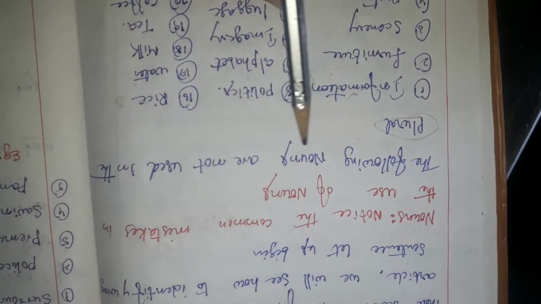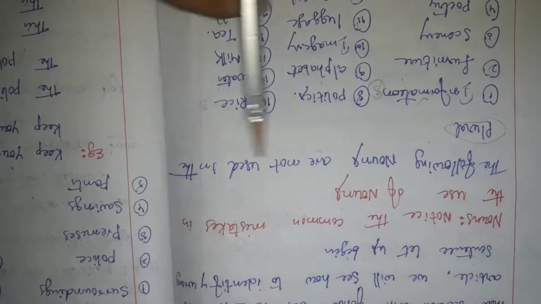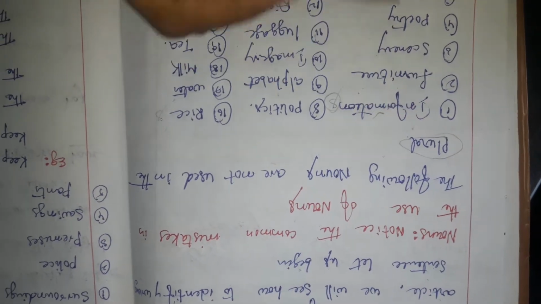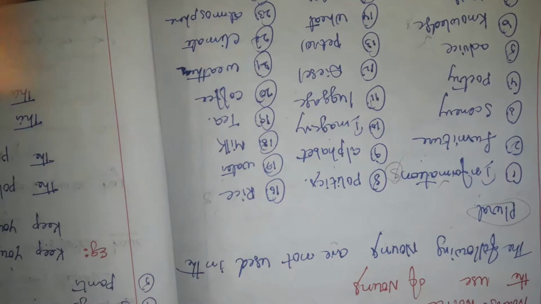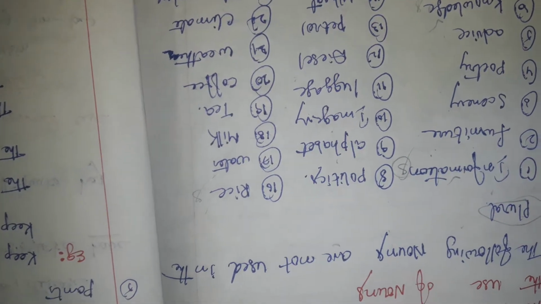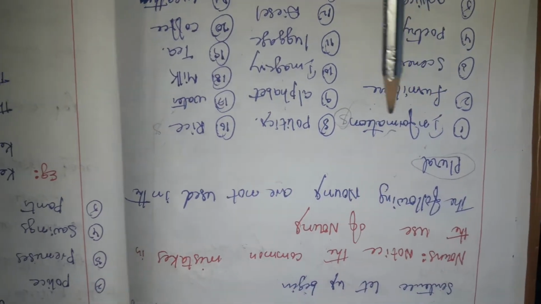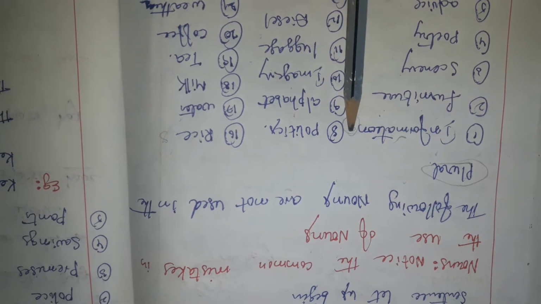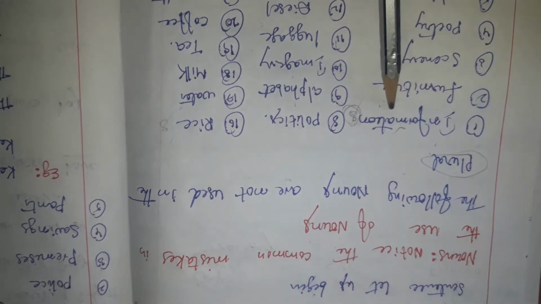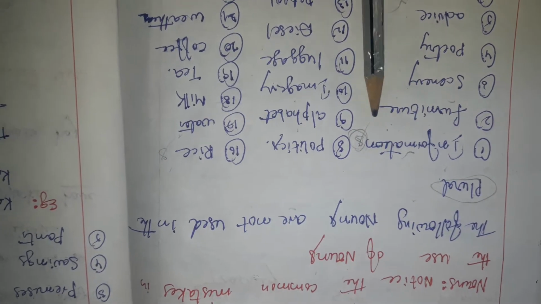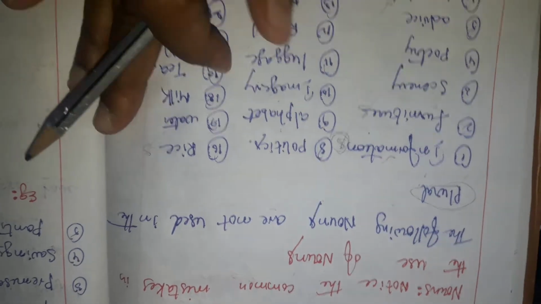See here, the following nouns are not used in the plural. They are only singular. So, information, not informations, only information. Furniture, not furnitures, only furniture.